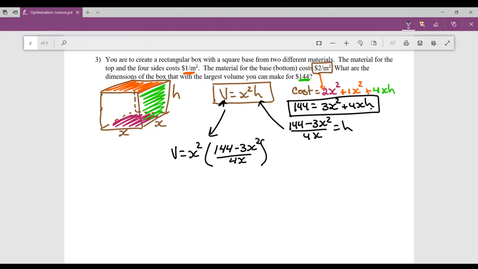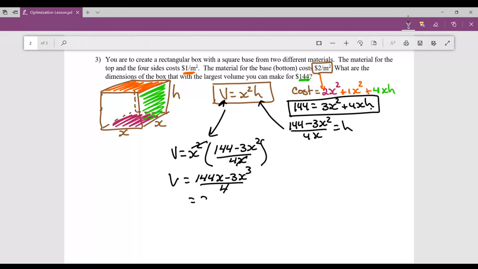Again, it's a simplification game. Then you can multiply it in. I got 144x minus 3x cubed, all over 4. There's my volume equation, which I can simplify.